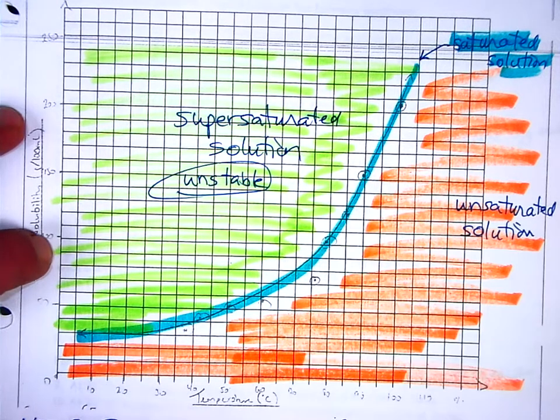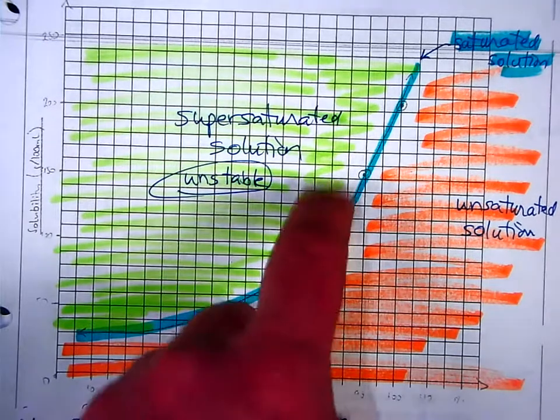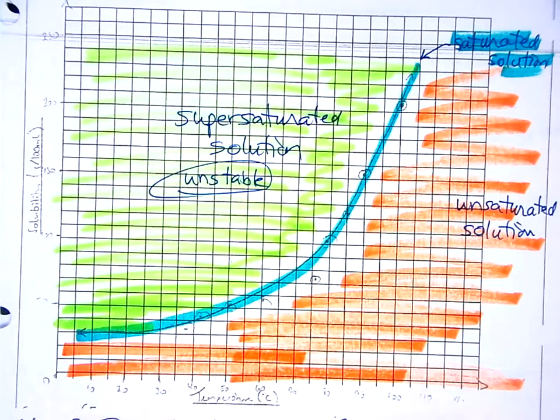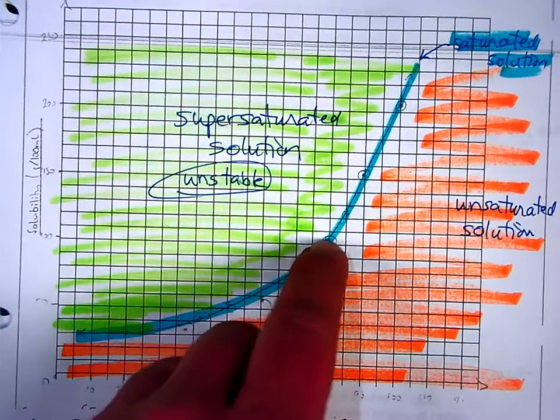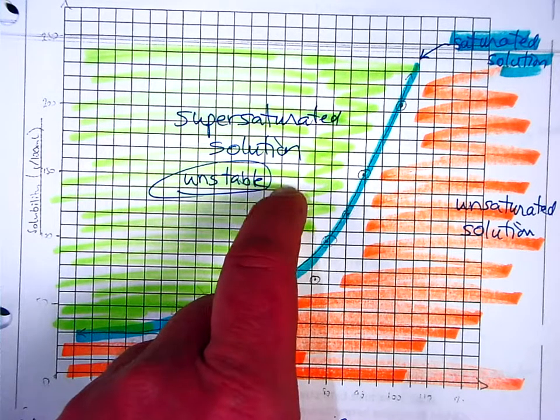So there's an extra 50 grams of solute that's dissolved in there. Once it becomes so unstable that it can't hold that extra, all that 50 grams is going to become a precipitate, and then it'll return back to this saturated solution. So this is really something that doesn't happen very often.